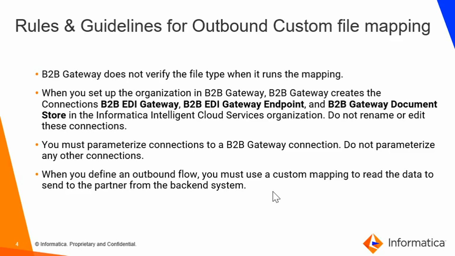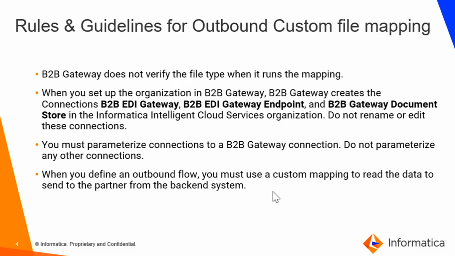B2B Gateway has a few rules and guidelines for its outbound custom file mapping. It doesn't verify the file type when the mapping is running. As soon as you set up your B2B Gateway in your org, it will create three connections in the administrator connection part of the IICS login.